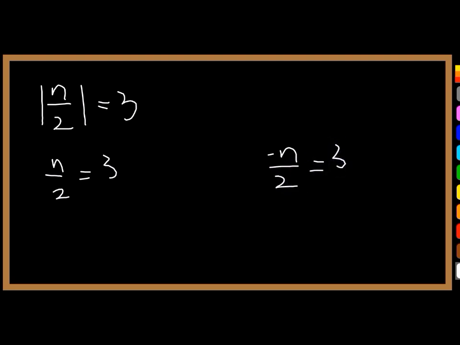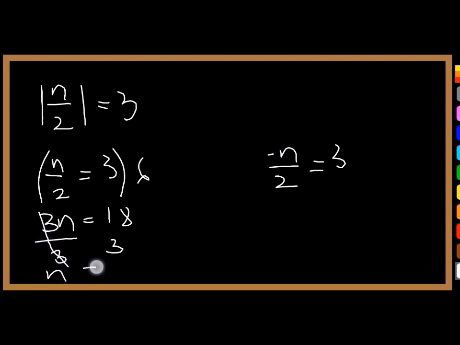Let's find the least common denominator of 2 and 3, which is 6. Then let's divide 6 by 2, which is 3. 3 times n is equal to 3n. 6 times 3 is equal to 18. And then let's divide both sides by 3.